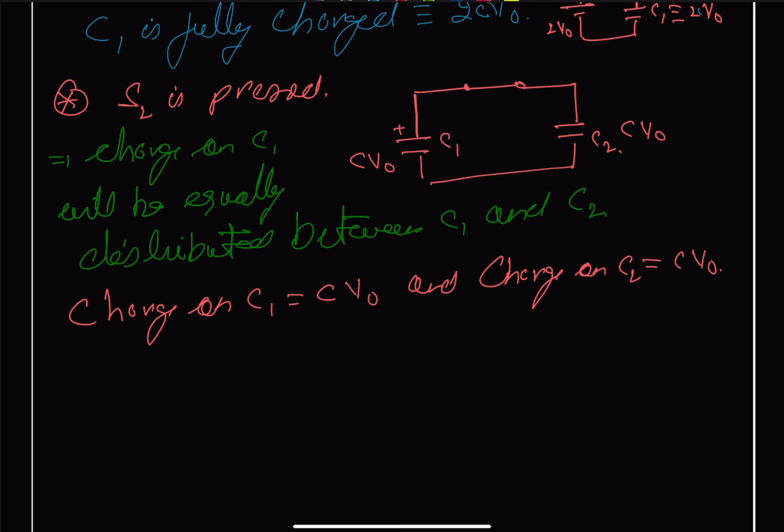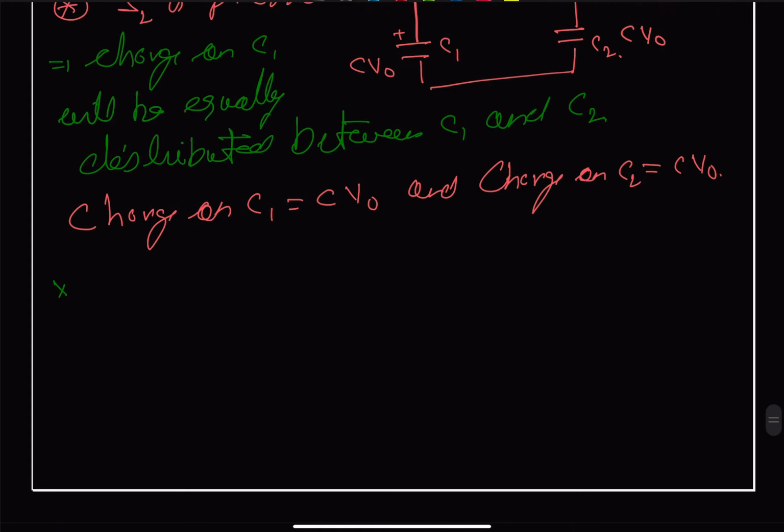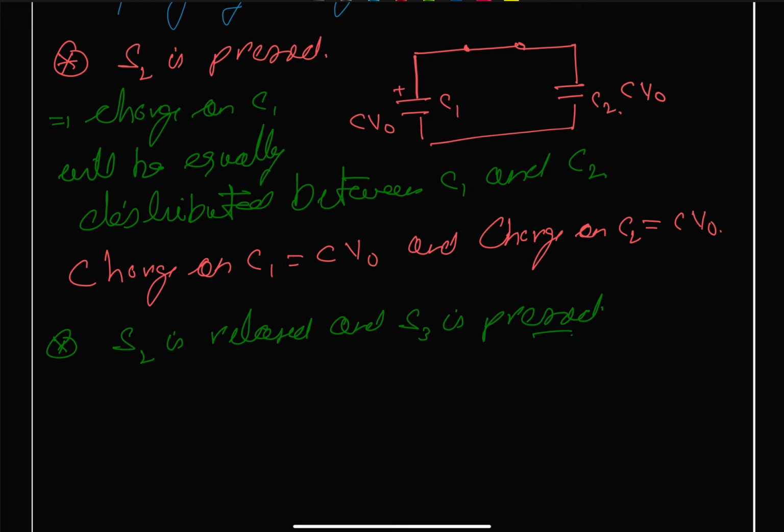And now S2 is released and S3 is pressed. Therefore, we have our C2, this end will be positive, and through switch S3 a battery of reverse potential is connected, that is our V0.